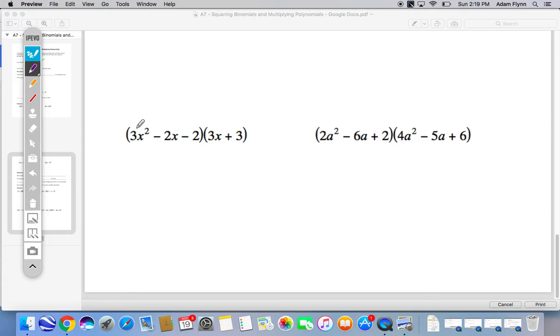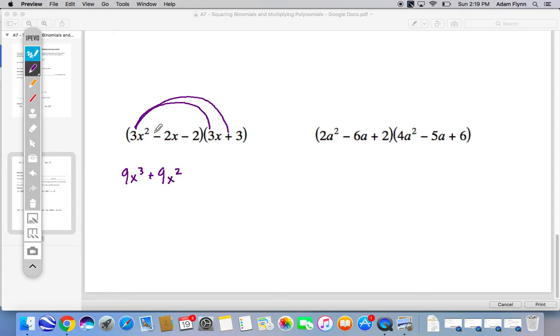So I have this 3x squared, which I'll multiply by 3x, and I also have this 3x squared, which I'll multiply by positive 3. So 3x squared times 3x would be 9x cubed. 3x squared times positive 3 would be a positive 9x squared.